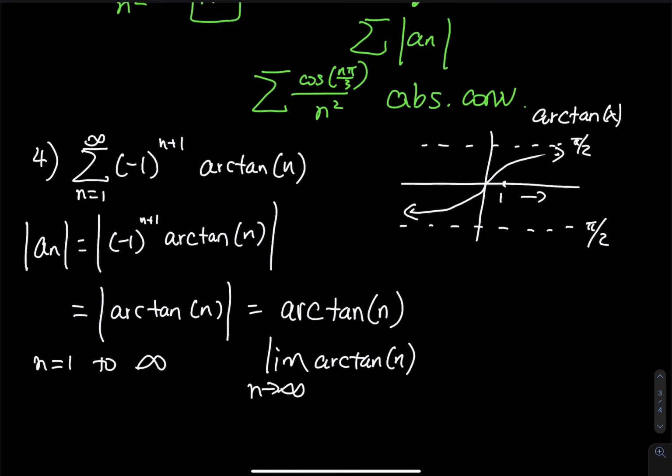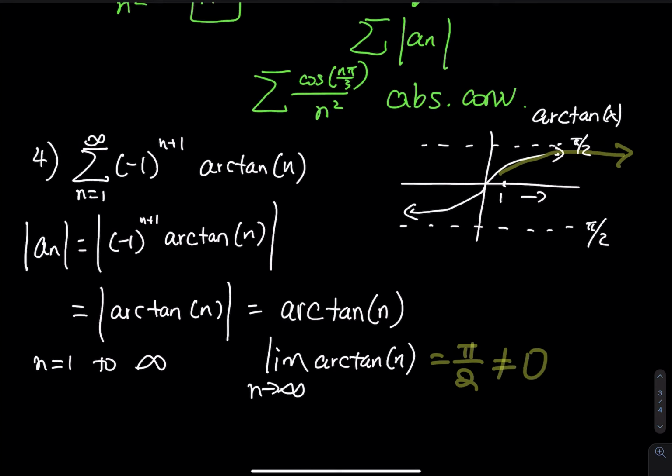When n goes all the way to infinity, this is equal to pi over 2, because pi over 2 is a horizontal asymptote. As x or n gets really, really big, the y value gets closer and closer to pi over 2, but will never equal pi over 2.